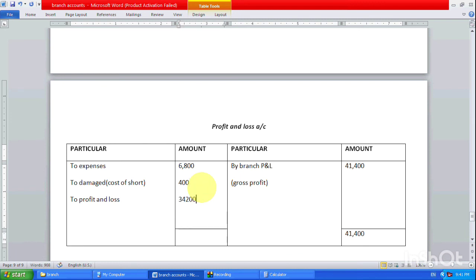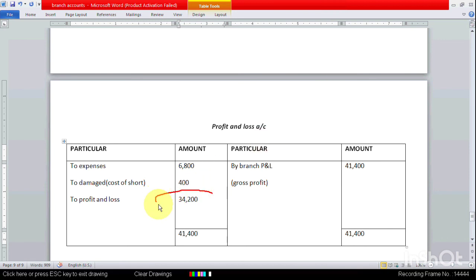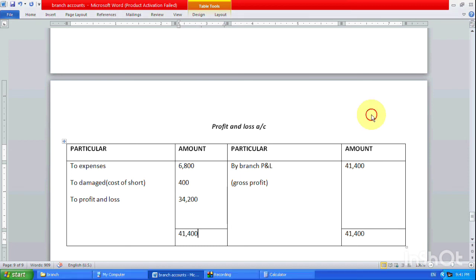Calculate. 34,200. 41,000, then 34,200. Now this is also okay. To profit and loss. How much profit we have got? 34,200. This much of profit we have got.